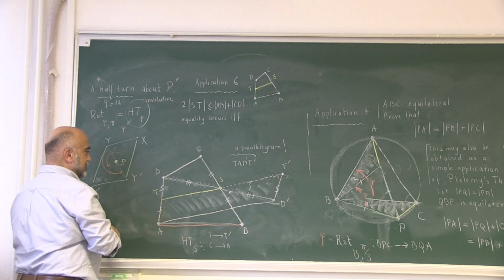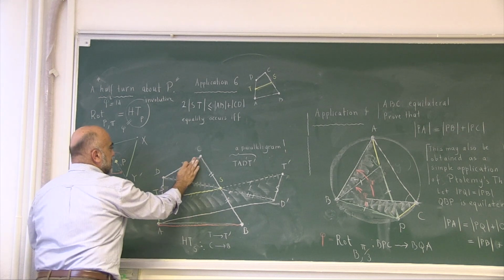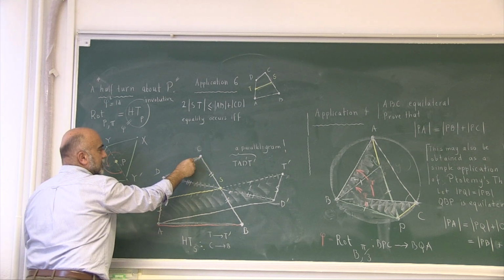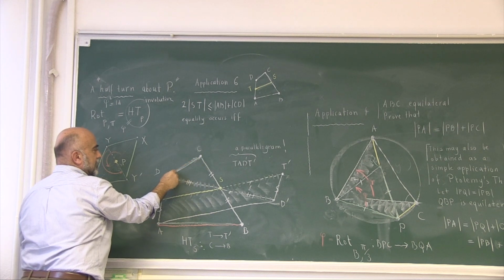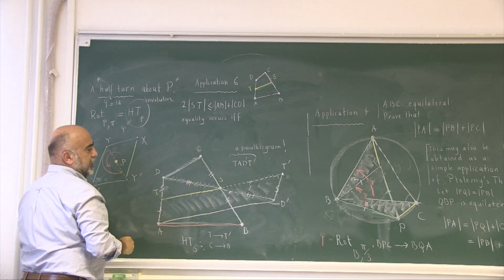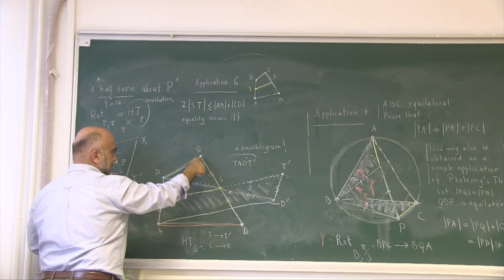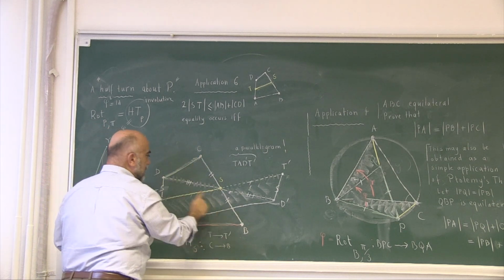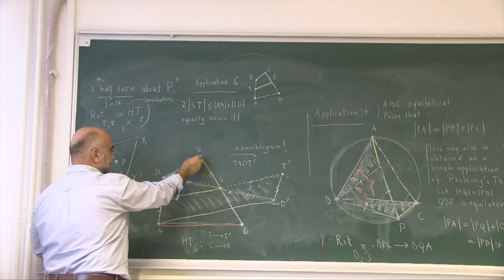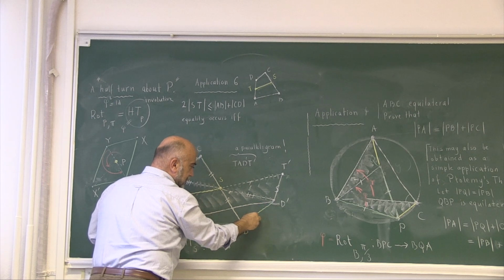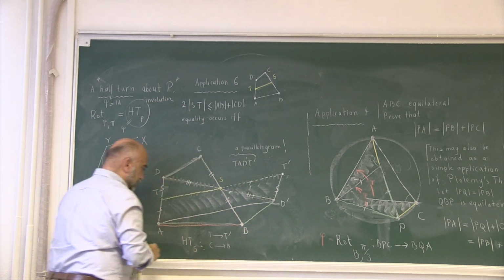And the other length I'm interested in is CD. But you see, the half turn with center S has turned C into B, D into D prime. So this length CD is in fact exactly the length BD prime.